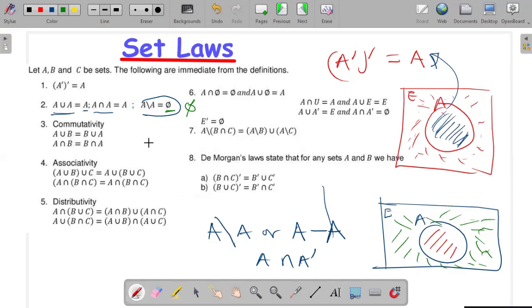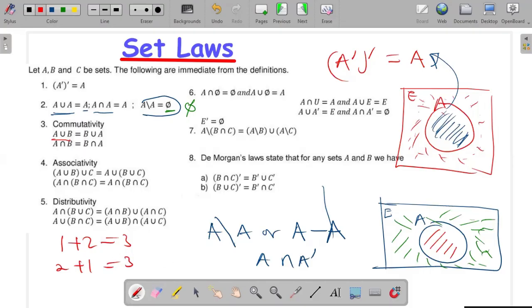So the next law that we are looking at is the law of commutativity. Commutativity means the order in which I write them does not matter. In the same way, addition is commutative, where we say 1 plus 2 is equal to 3, and 2 plus 1 is also equal to 3. The order in which I write them does not matter.